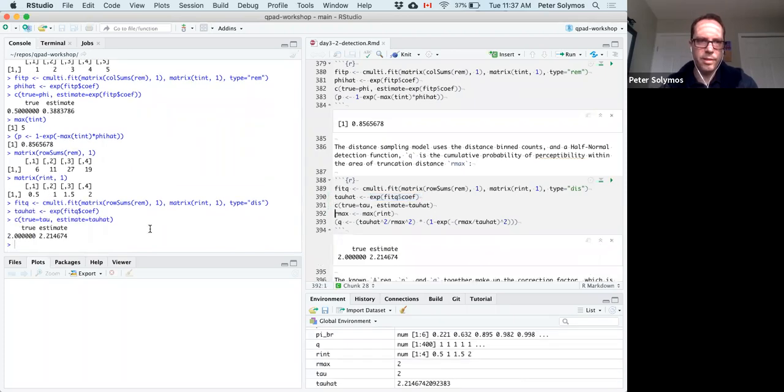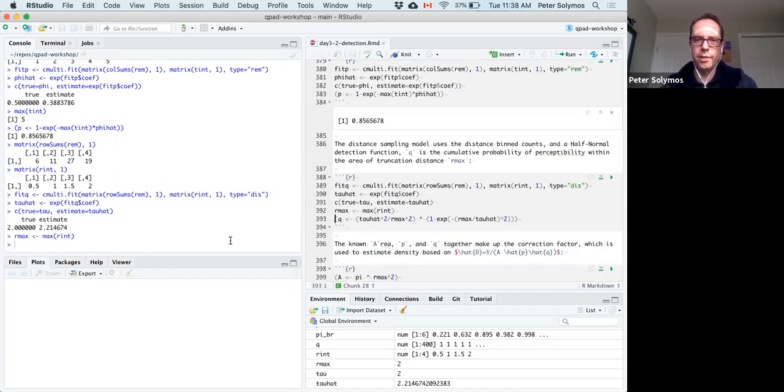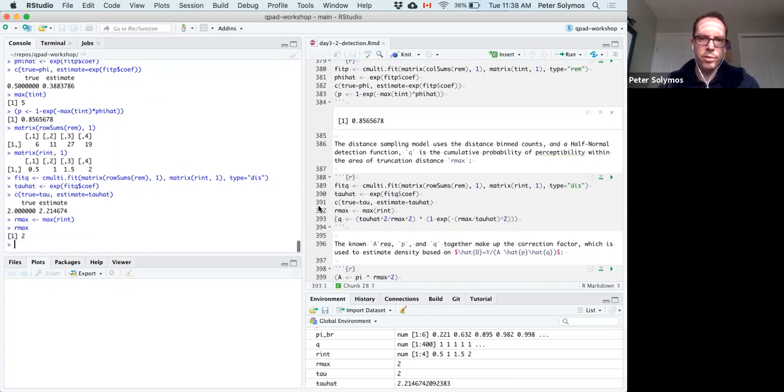Let's see how that compares to our original 2. This is 2.2. Calculate R max, which is the maximum of our bin endpoints, which is 2. And then we calculate Q. Instead of an integral, there is an analytic formula to do that: tau squared over R max squared times 1 minus e to the power minus R max squared over tau squared.